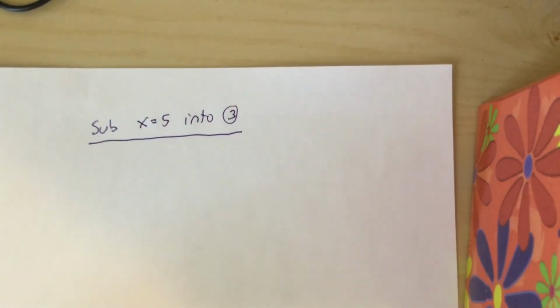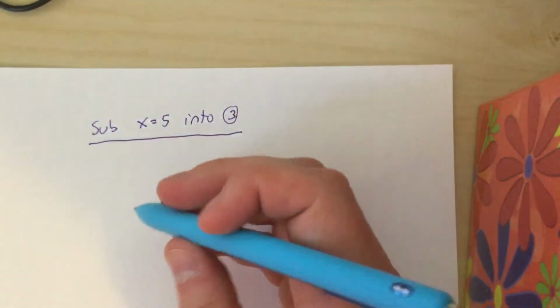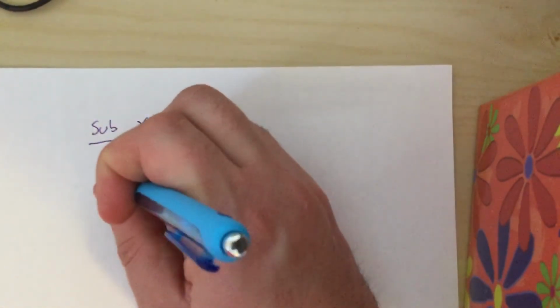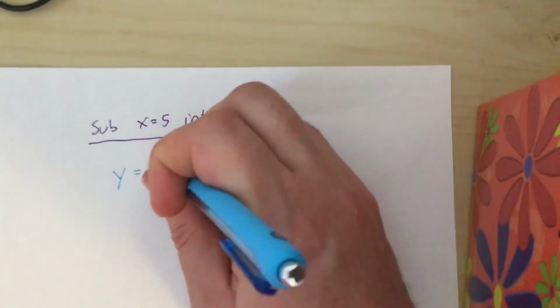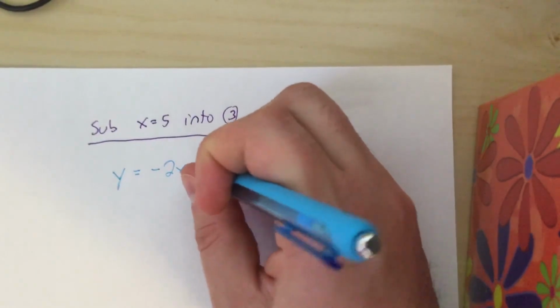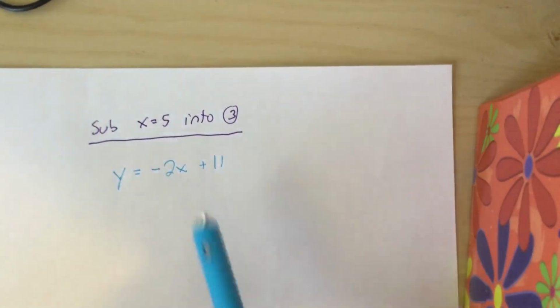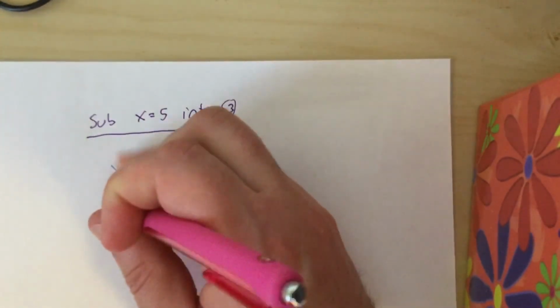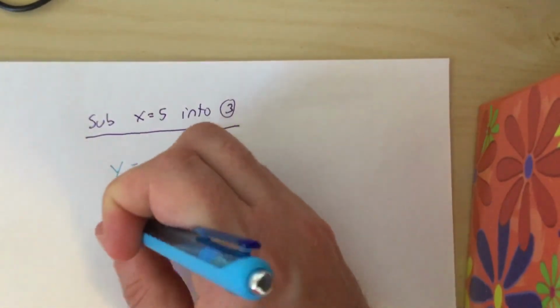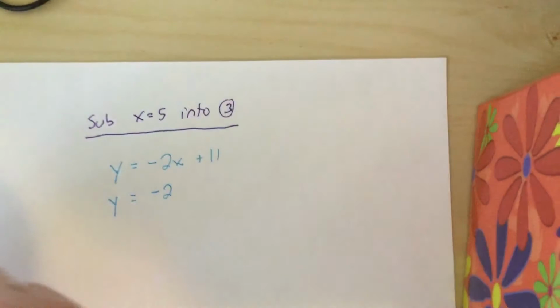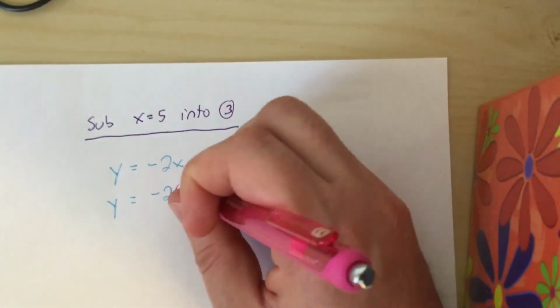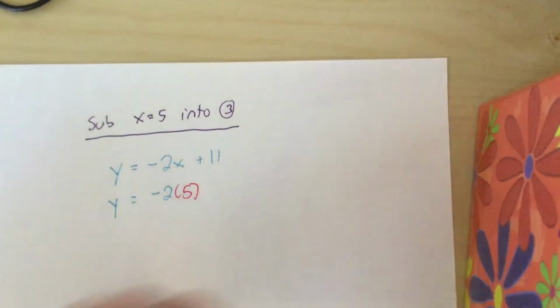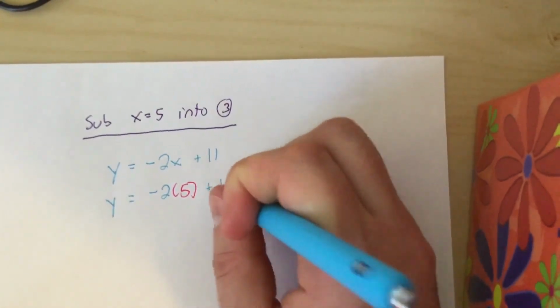So I'm going to start off by writing equation 3, which is y equals minus 2x plus 11. But what is x? X is 5. That's what we figured out in the last step. So y equals minus 2 times 5 plus 11.